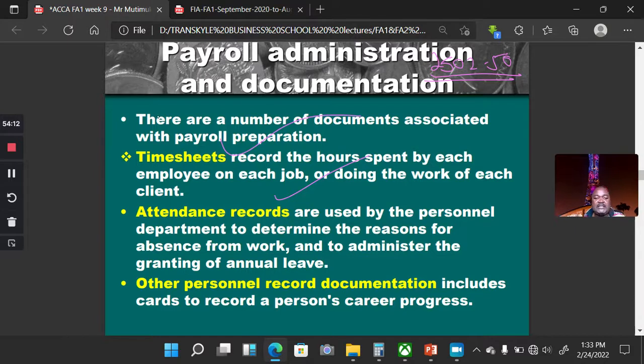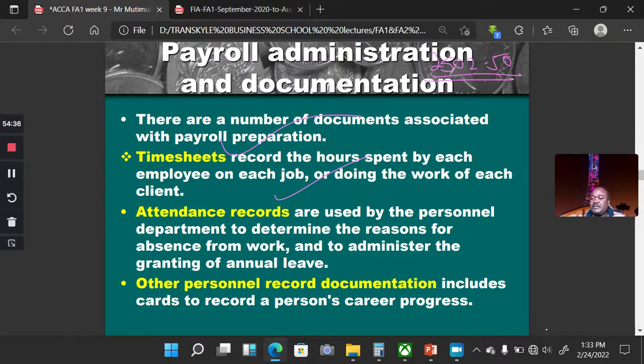These are the major ones, which are of interest to financial as well as management accountants. The timesheets record the hours spent by each employee on each job or doing the work of each client. Then the attendance records are used by the personnel department to determine the reasons for absence from work and to administer the granting of leave.